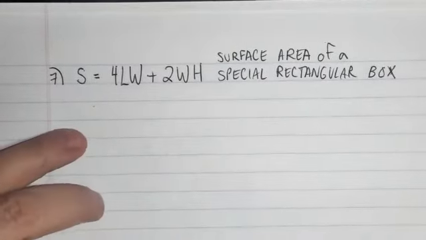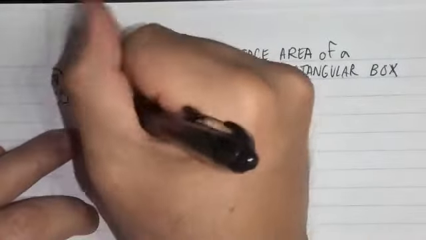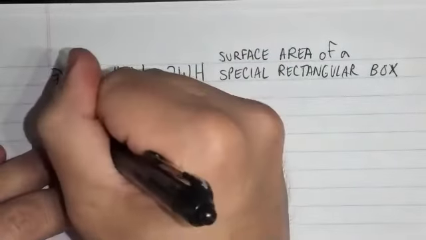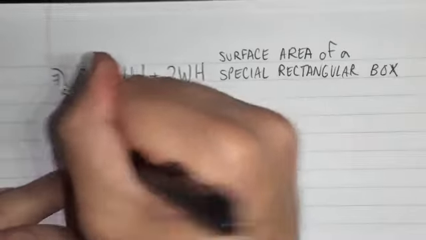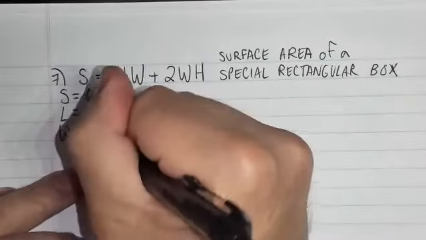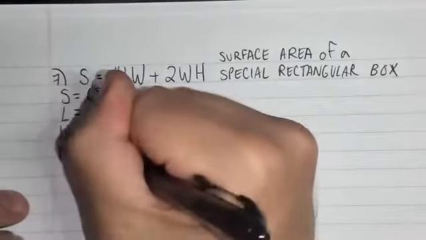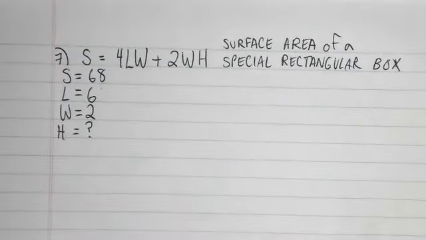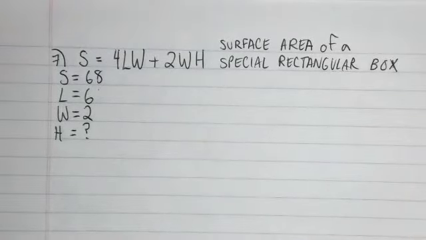All right, so what do they give us? They tell me my S equals 68, my L equals 6, and my W equals 2. And the one that's going to be missing is our H. When we know that it's the H that's missing, that's this value right here.